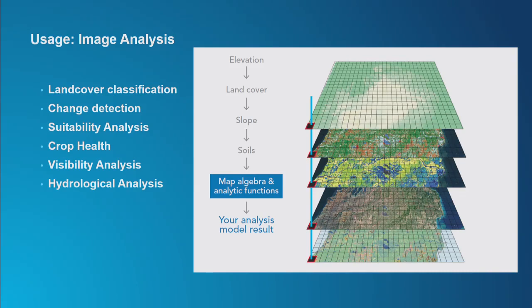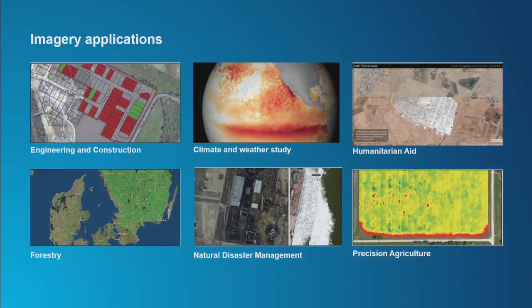Visibility analysis, hydrological analysis. So lots and lots of different applications for image analysis. In forestry, in engineering, we want to know about the terrain of a new site. In natural disaster management, we want to see the before and after.